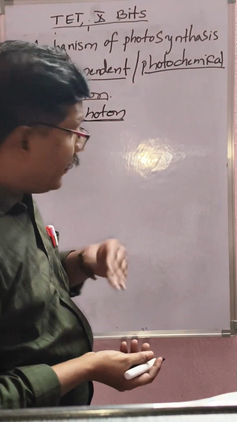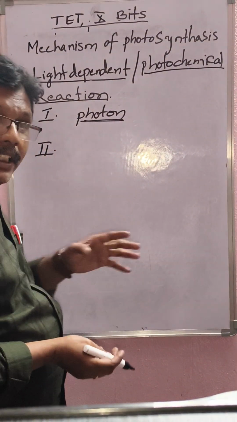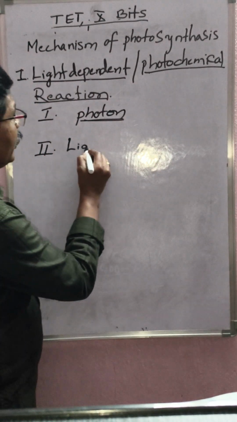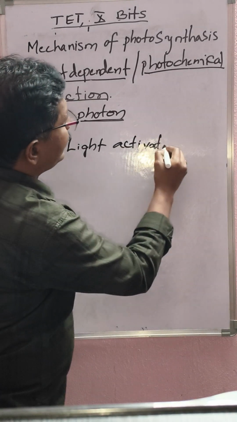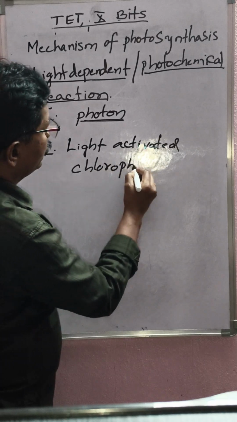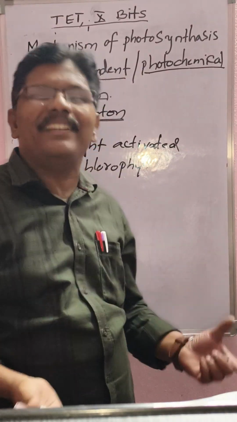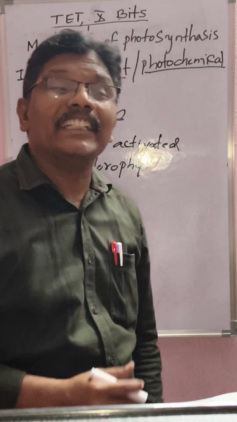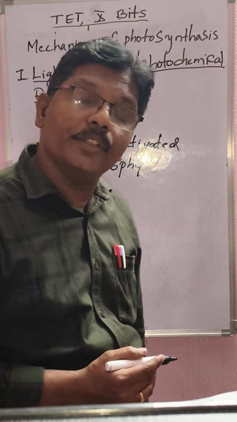When the chlorophyll receives the photon energy, it is light activated. Light activated chlorophyll splits the water molecule into two.